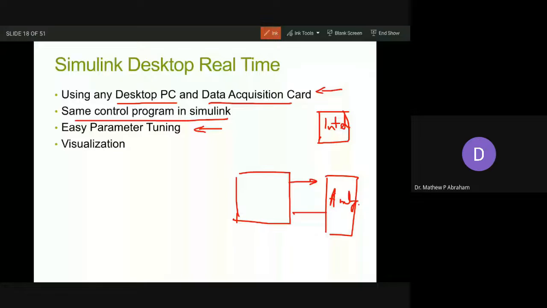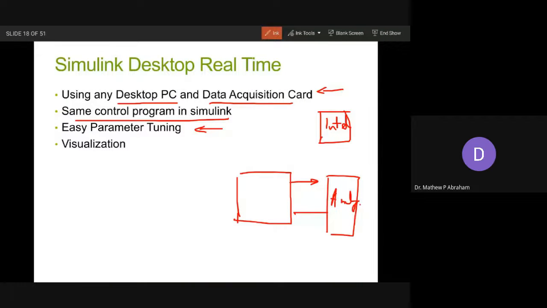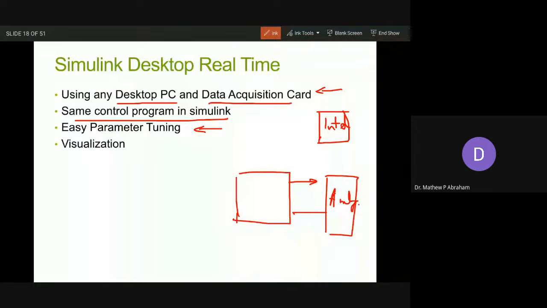So our Simulink blocks will be available on the screen. We can keep on adjusting the values of those parameters in the program so that all those new values will be directly loaded into the program, and the program will be automatically updated.